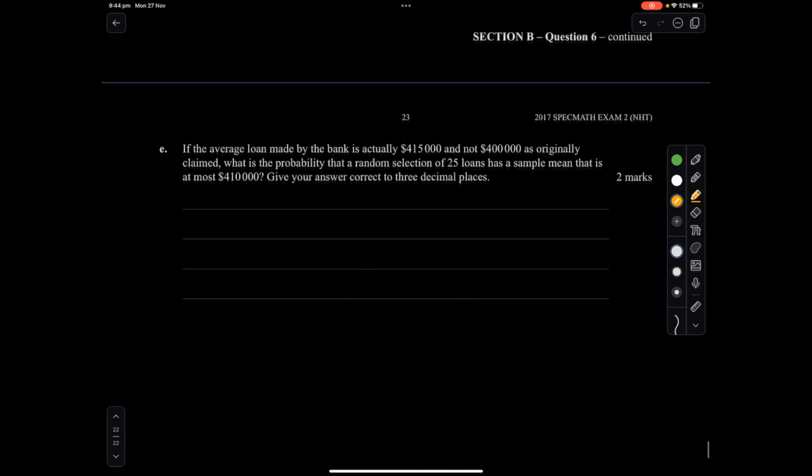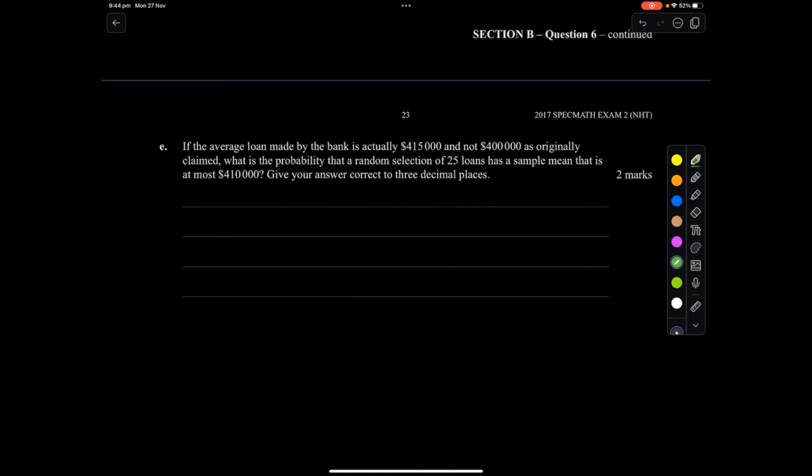If the average loan made by the bank is actually 415,000 and not this, so we are changing our null hypothesis from the original claim. What is the probability that a random selection of 25 loans has a sample mean that is at most this?